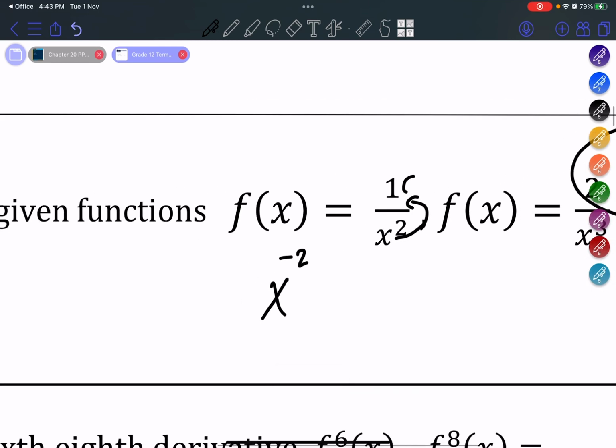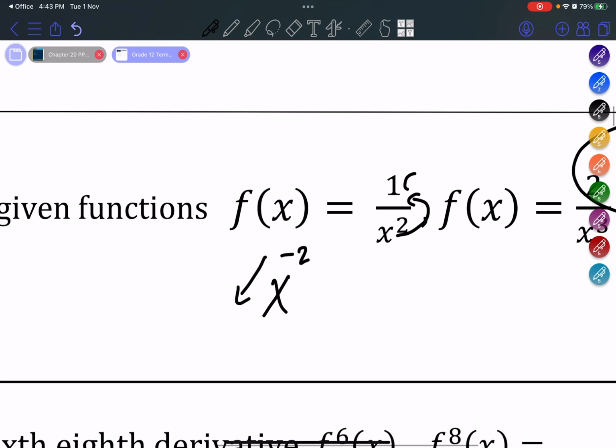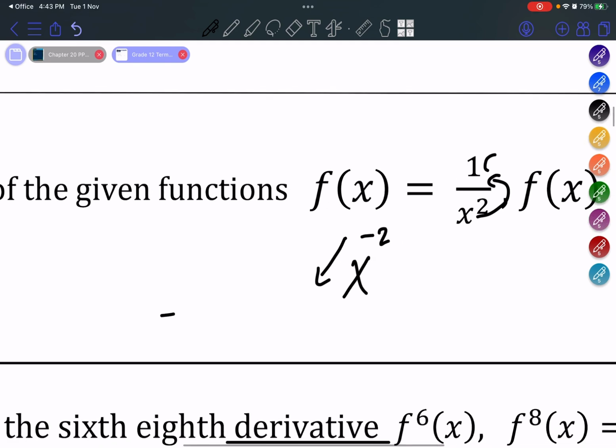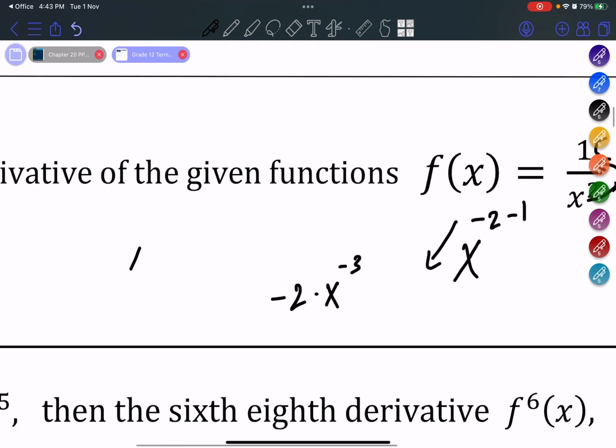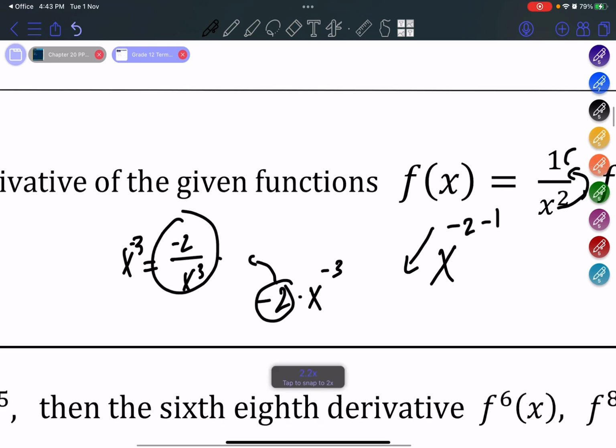Now we can apply the power rule. So we put the 2 down, it becomes negative 2 times x, minus 1 from negative 2, so it becomes negative 3. Again, we don't like having negatives in powers, so we will just flip it again. So x power negative 3 becomes 1 over x cubed, and then times negative 2, which is negative 2 times 1. So this is the answer for the first question.